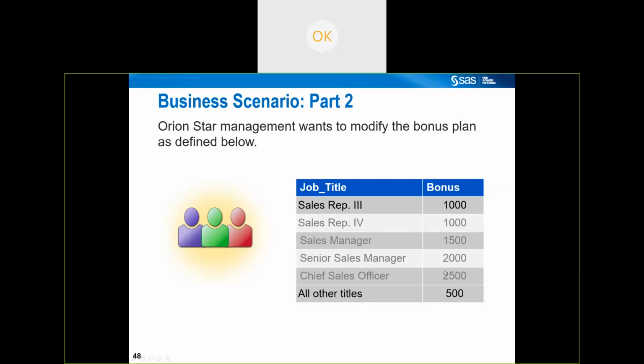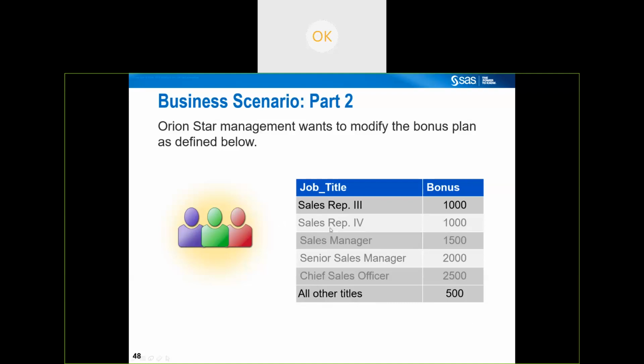Jadi there is no more missing value kalau kita gunakan all other titles, because previously we chose only 4 and the others will be kept as missing values. Maksudnya takkan ada yang missing value lah. Tak akan ada yang tak dapat bonus.